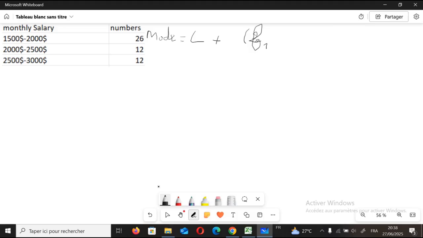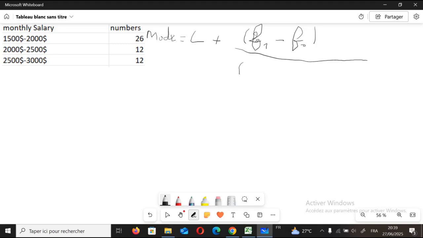Let's call the modal frequency f1, minus the frequency before the modal class, which is, we don't have anything here, 0, f0, divided by the frequency of the modal class minus the frequency before the modal class. The boundary here, don't forget, is 1500 and 2000.